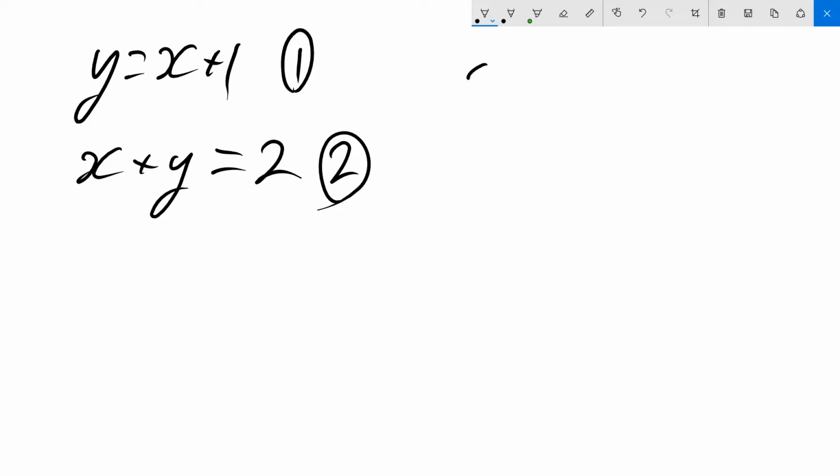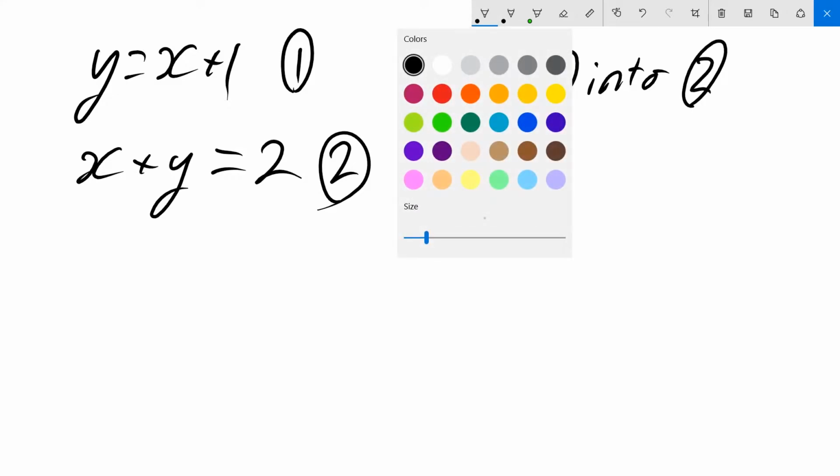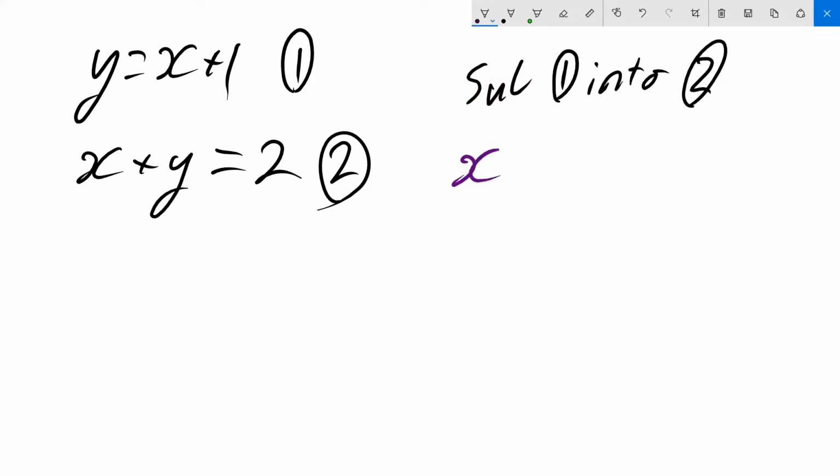So we have to sub equation 1 into equation 2, and by doing that we get x plus whatever y is. So y in this case is defined as x plus 1, equals 2.